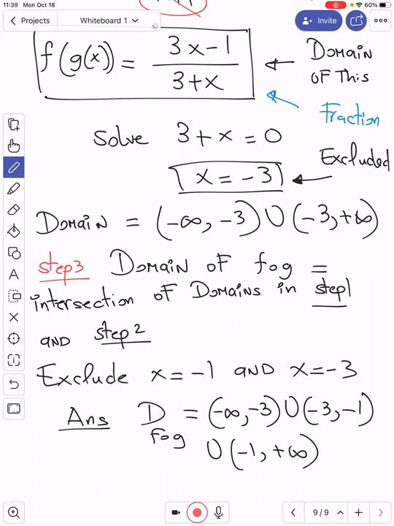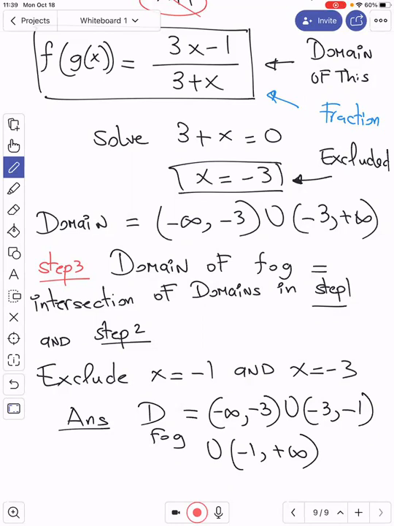So we have 3 intervals here, guys. We just have to exclude -1 and -3. Everything on the right side of -1 is included, everything on the left side of -3 is also included, and everything between -3 and -1.